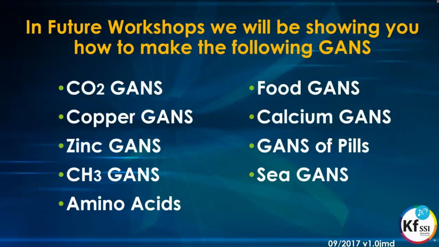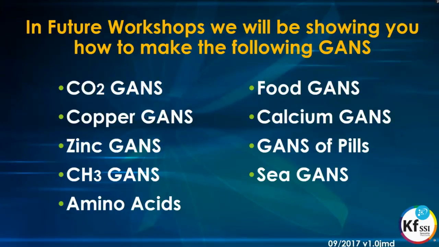So in the future workshops, we will be showing you how to make your CO2, your copper, your zinc, and CH3, which is your four main ones, and how you collect your amino acids. In the health sections, we will be showing you creating the food Gans, calcium Gans, Gans of pills.